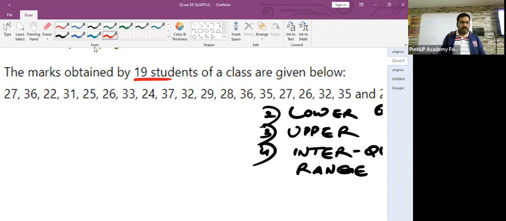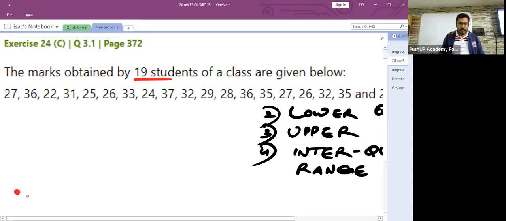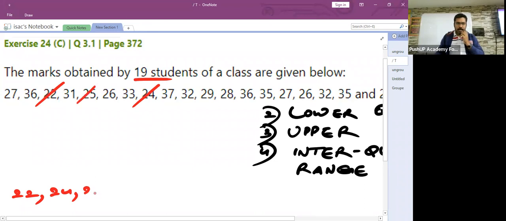So children, what is the first value? 22. Okay, 22, comma. Next number is 24. What then is the number on the right side? 25 is there. Children, please see whether one number is getting repeated twice or thrice. It may happen. 25.